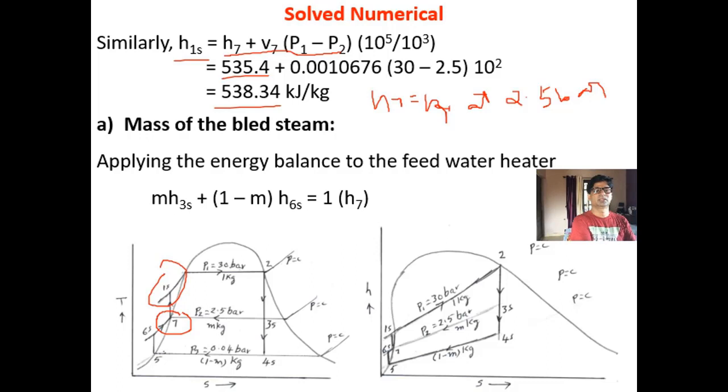H7 is 535.4 at 2.5 bar pressure. So it is 535.4, correct. So H1S, you will get as 538.34 kilojoules per kg.